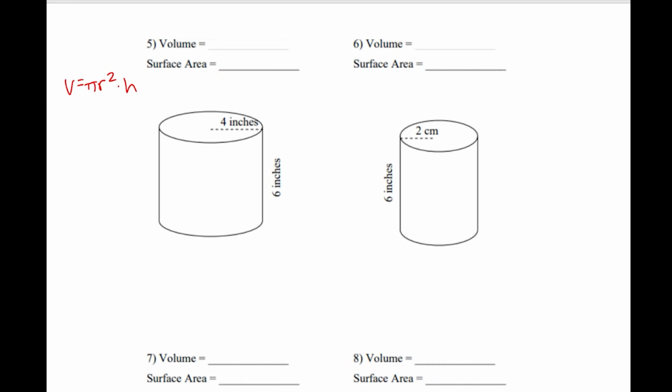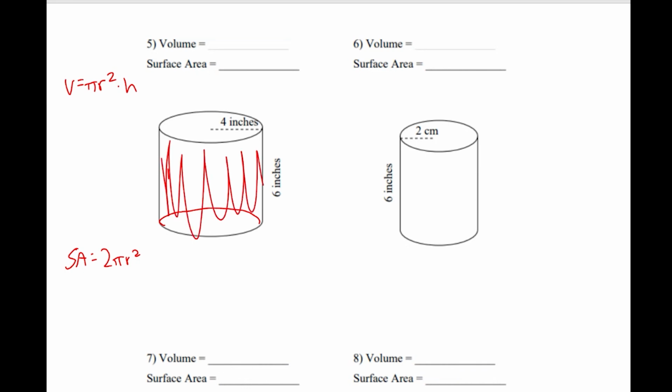Now the surface area is going to be the area of the bases. There are 2 circles there, 2 times pi r squared, but then plus the area of what's going around it. That looks like a big old mess, but if you imagine this as a can of beans, it's the area that the label would take up.